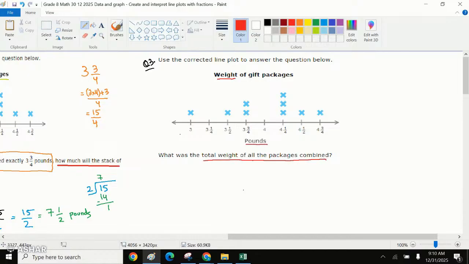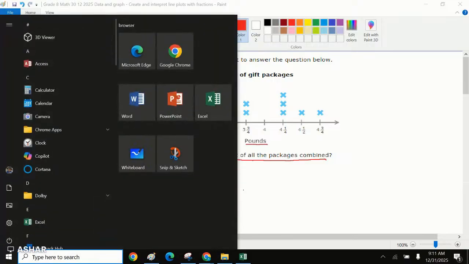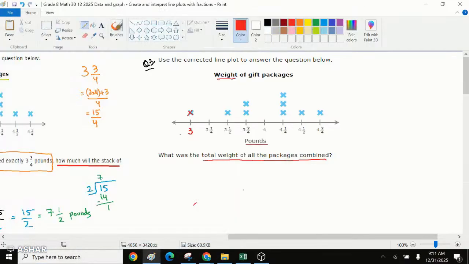So what we need to do is find the total weight of the entire set of packages. For 3 kilograms, there was only one package. Agreed? That means we can say 3 multiplied by 1, which comes out to be 3 pounds.